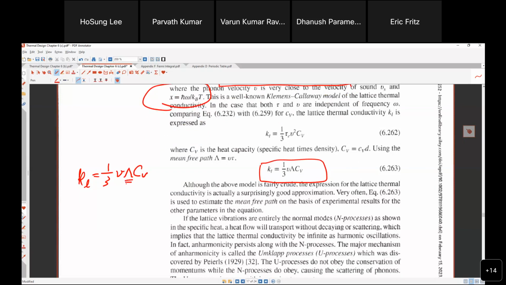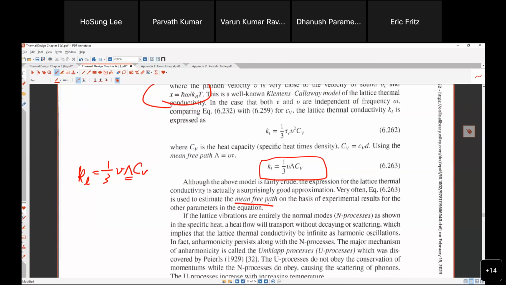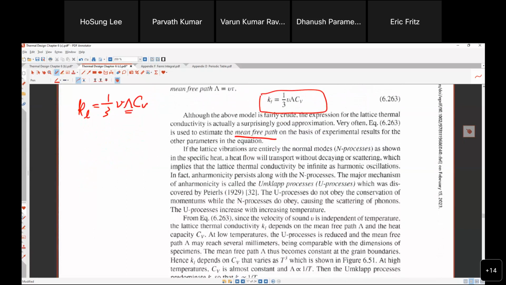Mean free path. So we have some idea of mean free path, because the mean free path is velocity and the time, the relaxation time of phonon again.